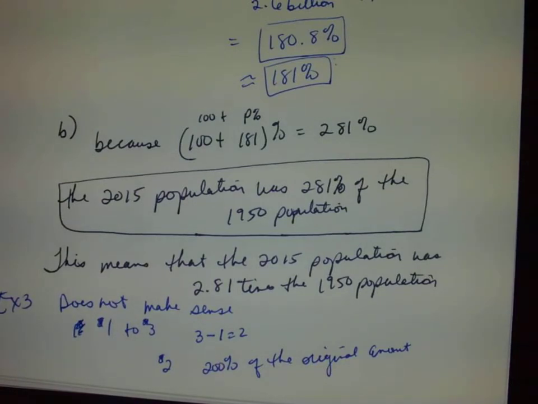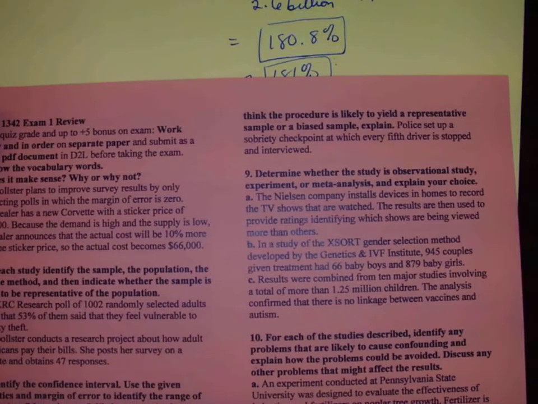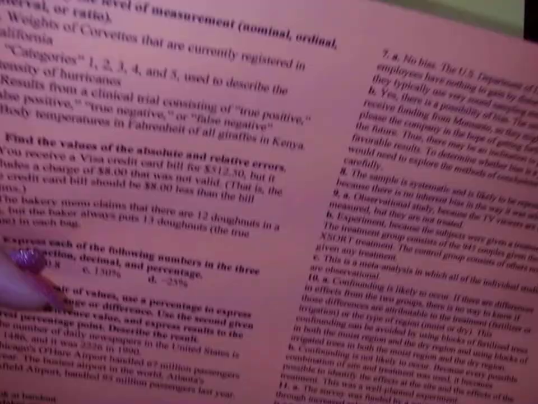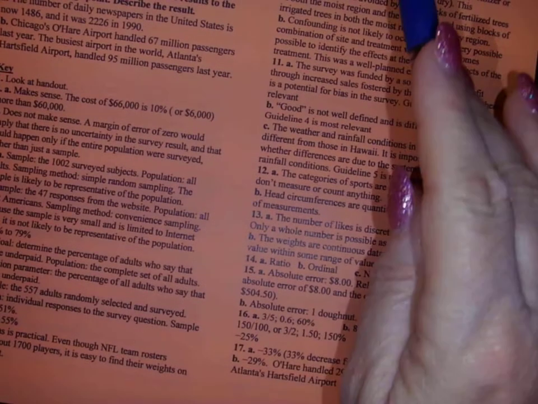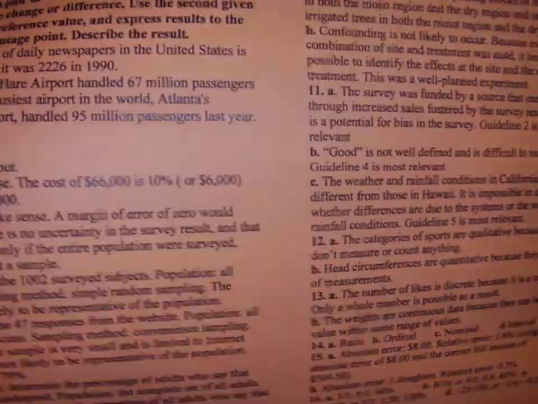The other thing that you need to be working on is your exam review. Your exam review is also in D2L, and there is a key at the end of it so that you can see if you're getting close to the right answers. There's 17 questions.